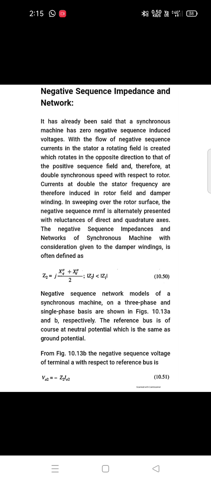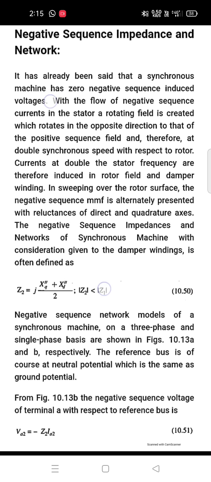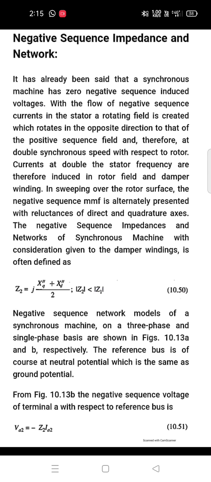Now for negative sequence impedance, it has already been said that a synchronous machine has 0 negative sequence induced voltages. With the flow of negative sequence current in the stator, a rotating field is created which rotates in the opposite direction to that of the positive sequence field, and therefore at double synchronous speed with respect to the rotor.